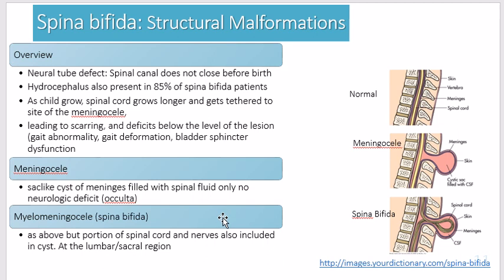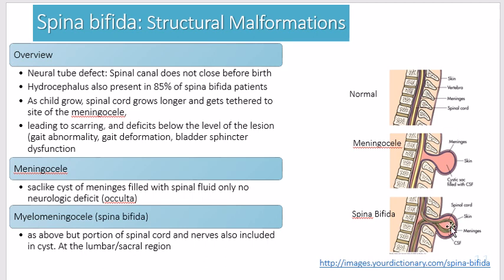And then we have spina bifida, or myelomeningocele. The biggest difference here is, yes, we have that outpouching of the meninges, but we also have the spinal cord within this area as well.